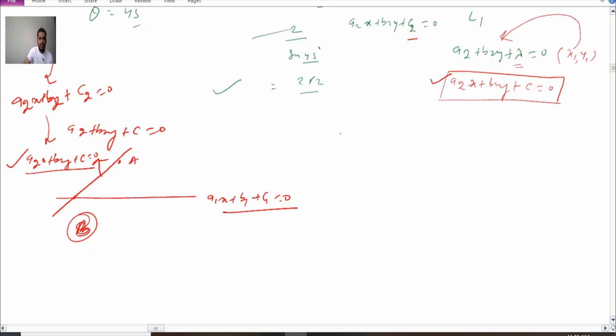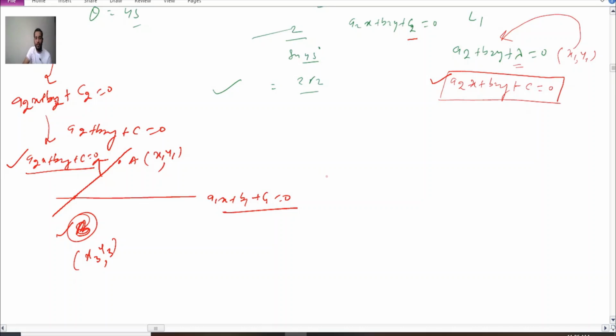So what is the intersection of these two lines? Let's say (x3, y3). Here (x1, y1) is known, and (x3, y3) is also known.